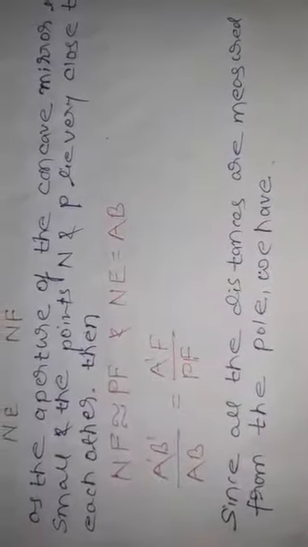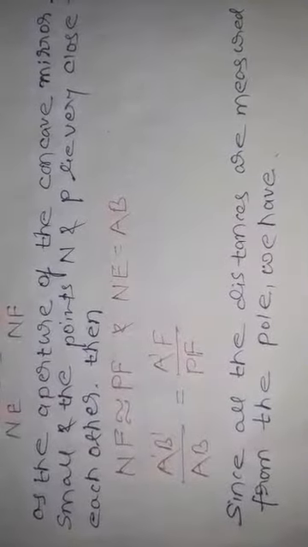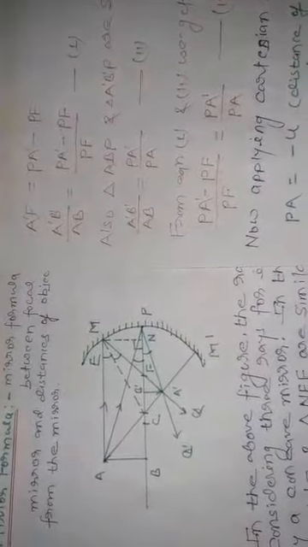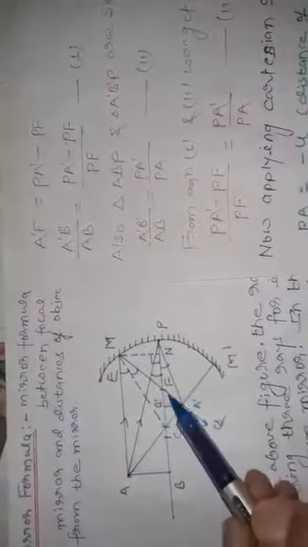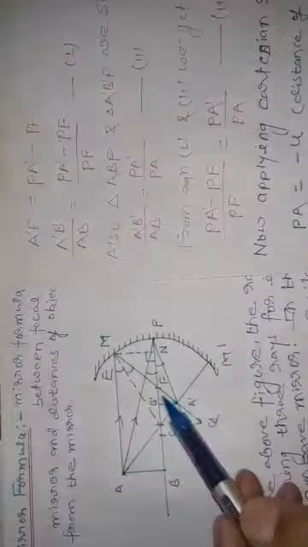Since all the distances are taken from the pole, we have A dash F. What is your A dash F? This is your A dash F. A dash F is nothing but PA dash minus PF.